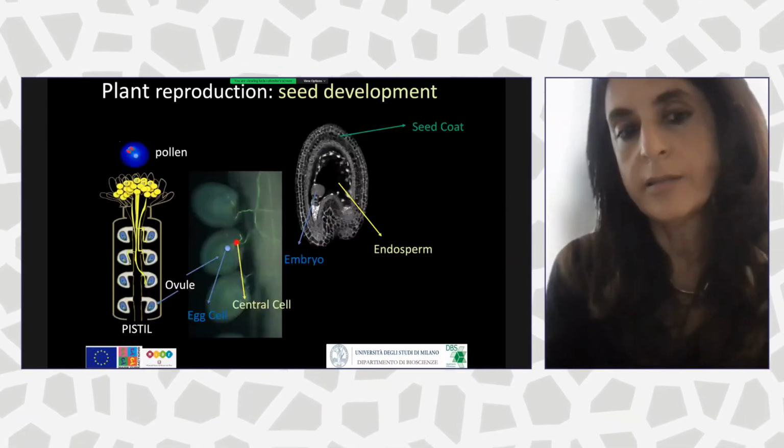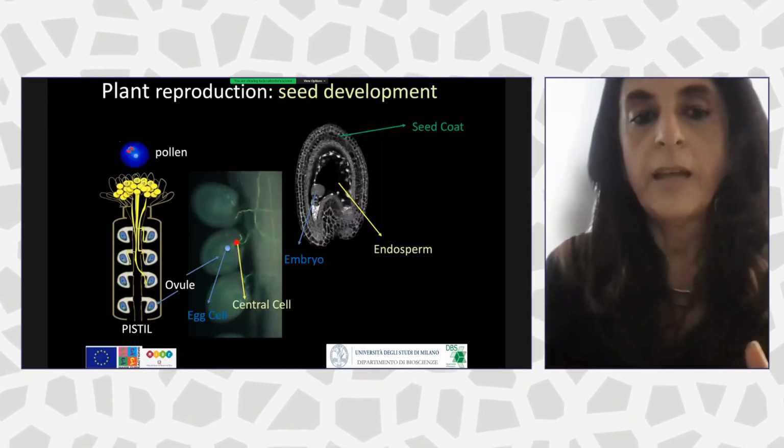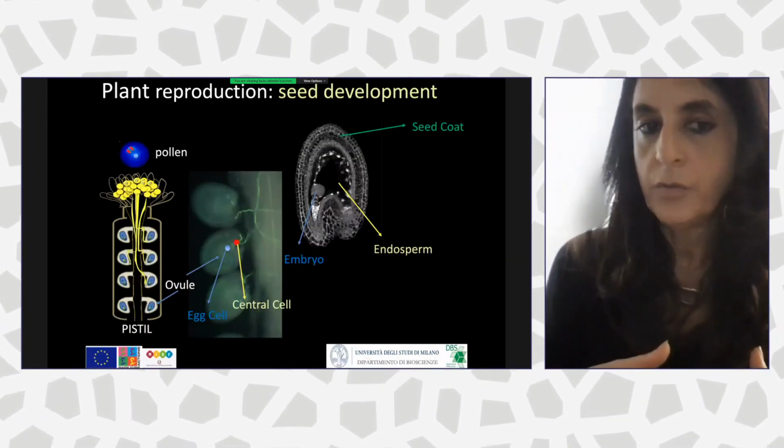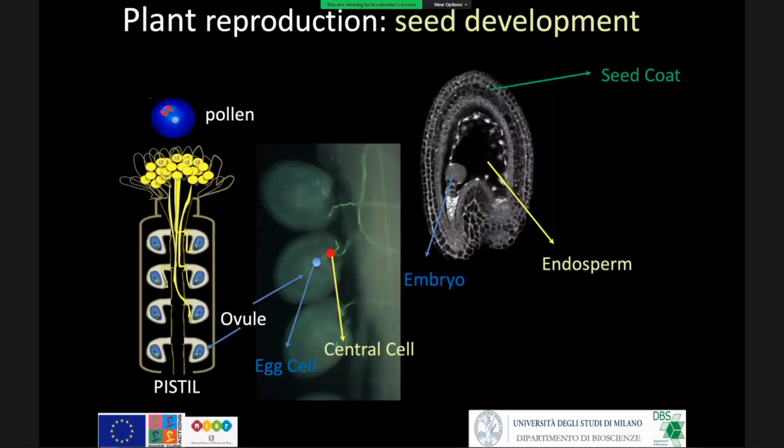To make a long story short, I summarize in this slide what is going on during fertilization. The two male gametes are brought to the pistil, the female reproductive organ, through the pollen. And through the pollen tube, the two gametes are delivered inside the ovules. And we have a double fertilization.